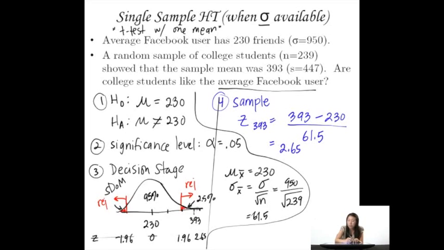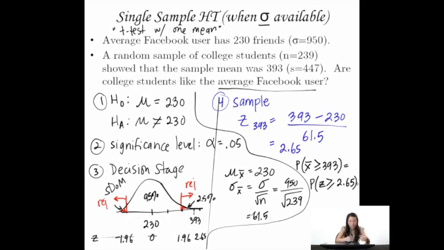So I need to find the p-value here. So what's the p-value out here? So what is the probability that x bar, rather, because this is an estimate, it's a distribution of a whole bunch of means, that x bar is greater than or equal to 393? Well, that equals the probability that z is greater than or equal to 2.65.